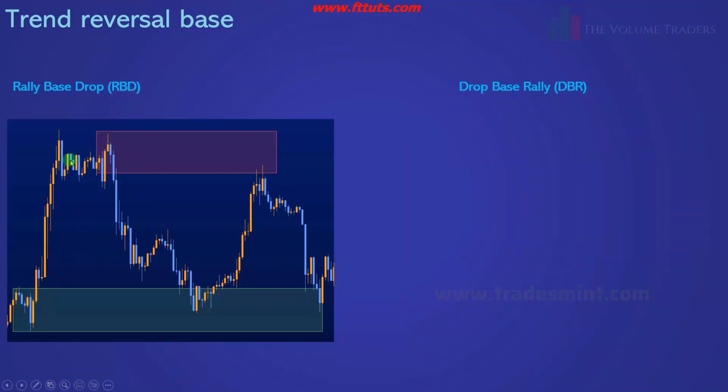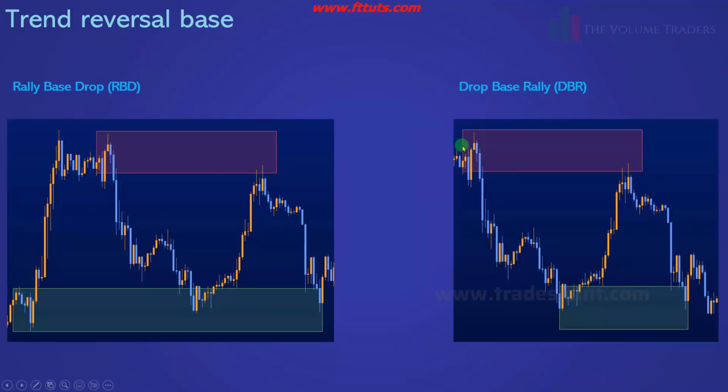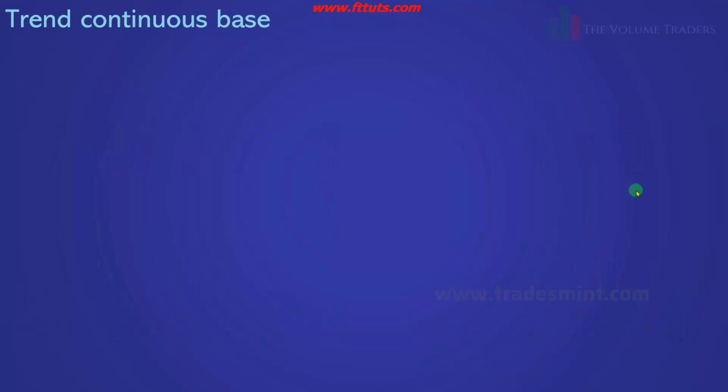We had the rally, price created the base, so the zone, and then there was a drop. For short, drop base rally is DBR. I'm not using these terms very often, but I've seen on our Discord that some members use this, and this is very correct, because it helps me to know what someone else meant.